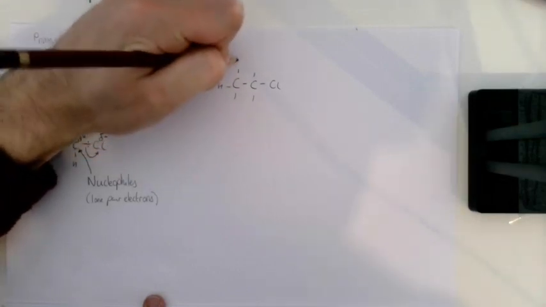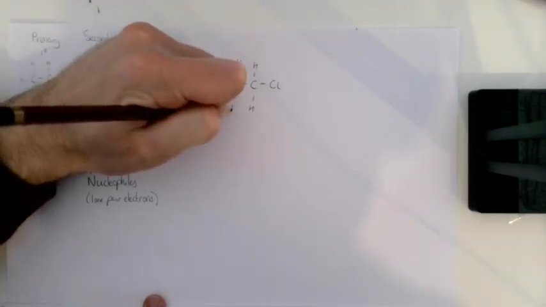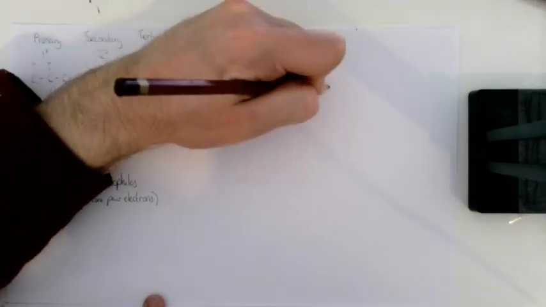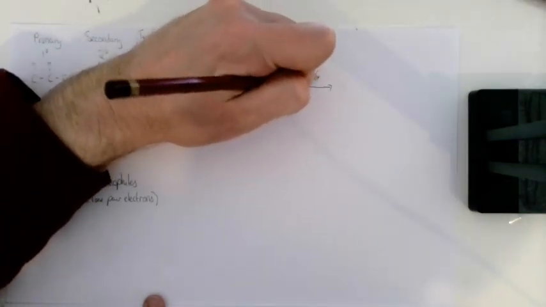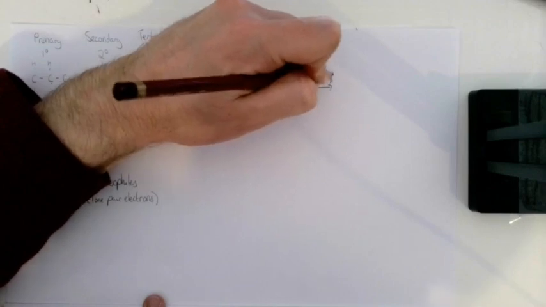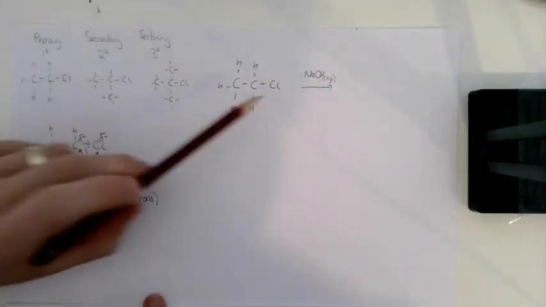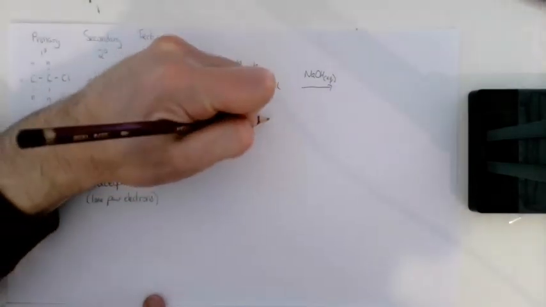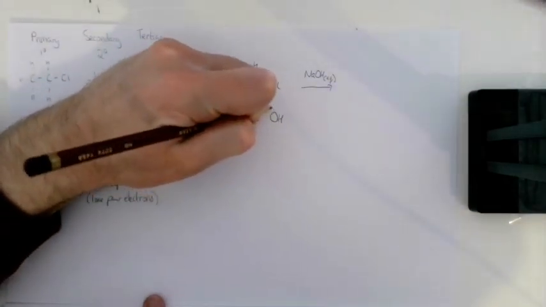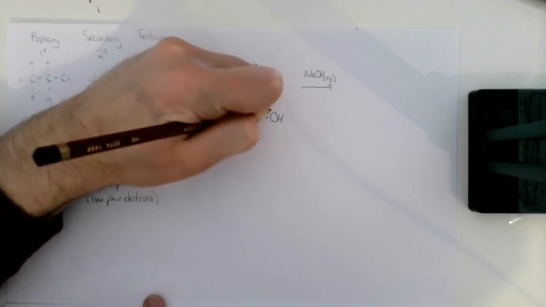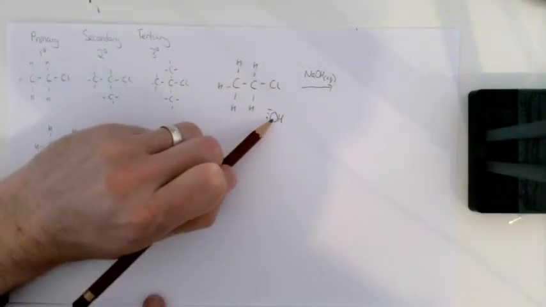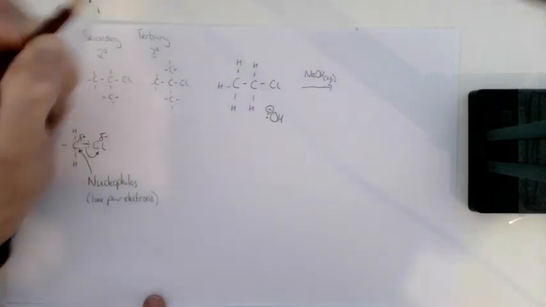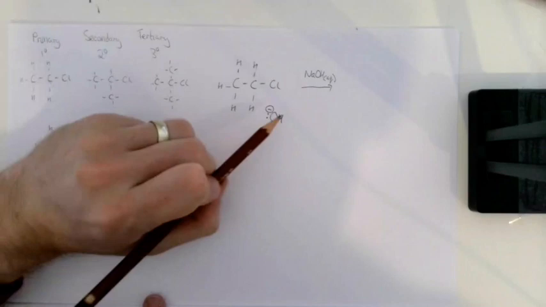So chloroethane here, let's say we added sodium hydroxide to it, and the sodium hydroxide is aqueous, which means it's dissolved in water. What will happen is the hydroxide ions, which have a lone pair of electrons on the oxygen, so these two dots represent a lone pair. This negative is a negative charge.